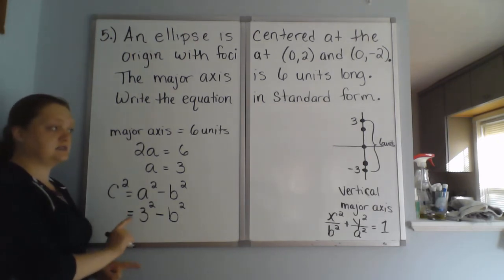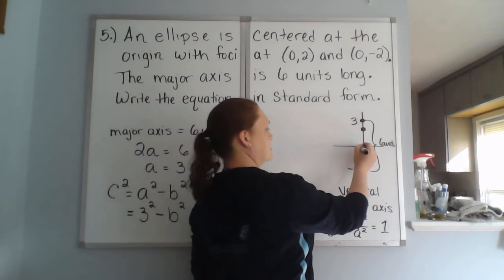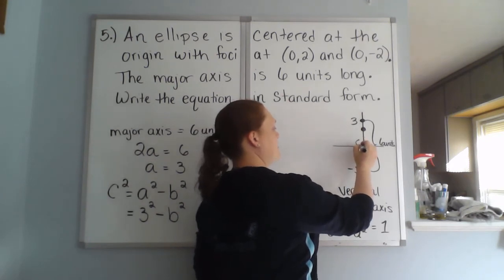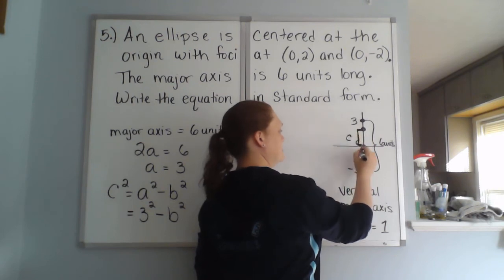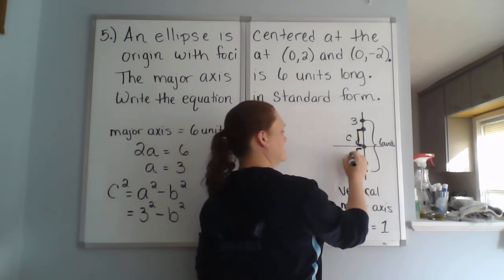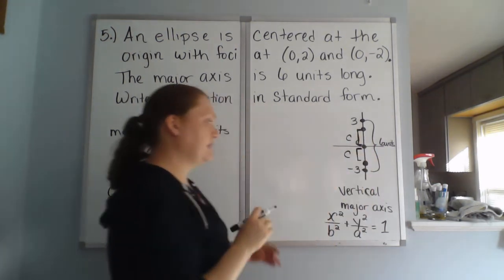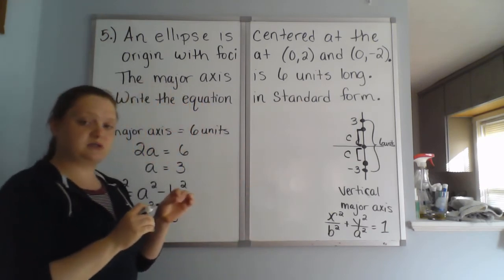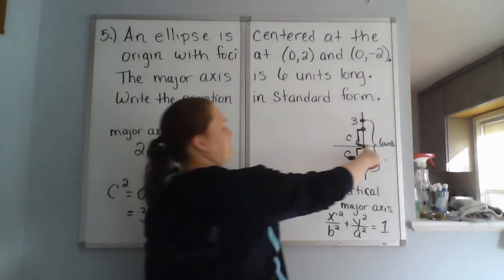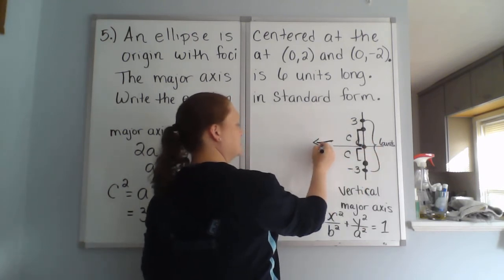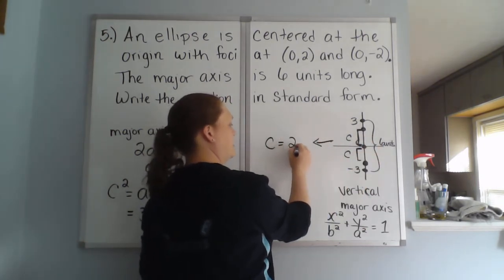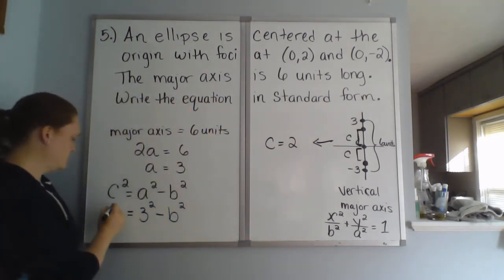And c is the distance from the center to a single focus point. So this distance right here is c, and this distance here is also c. The distance between the two focus points is 2c. Well, this is 2 units up and this is 2 units down, so c must equal 2 for this particular problem.